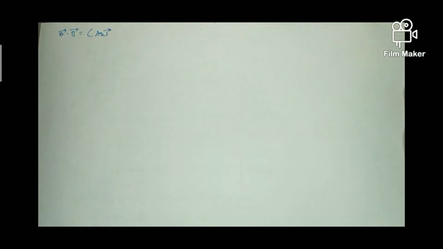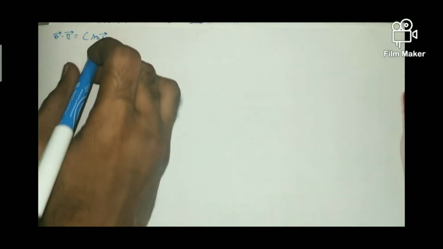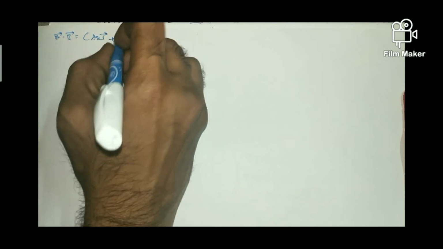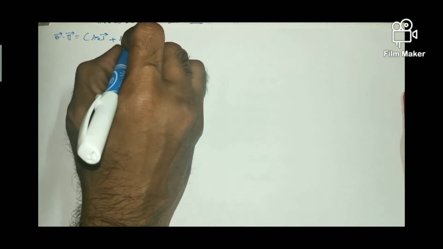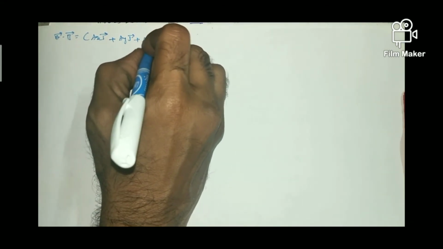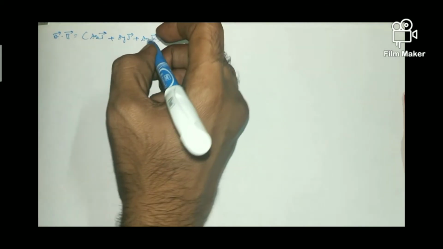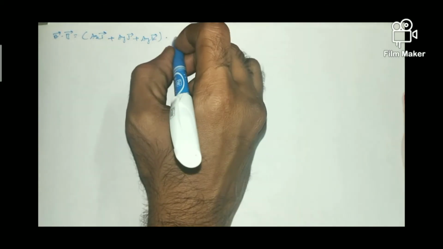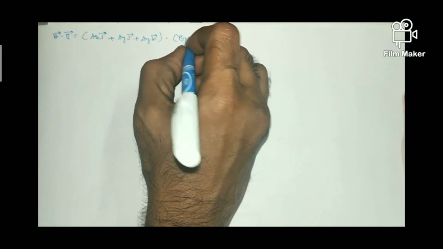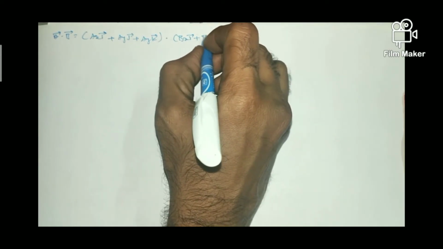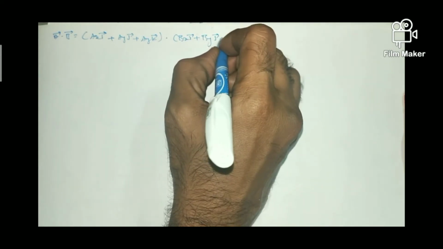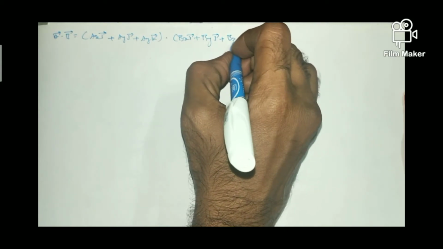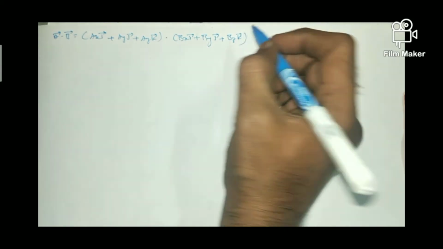Now let us consider the dot product of two vectors a bar and b bar, such that a bar equal to ax i bar plus ay j bar plus az k bar, dot the vector b bar, which is bx i bar plus by j bar plus bz k bar.